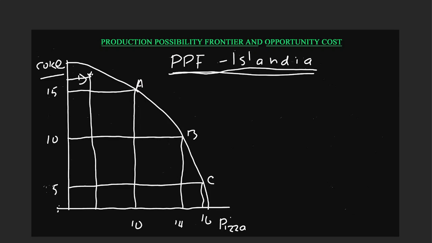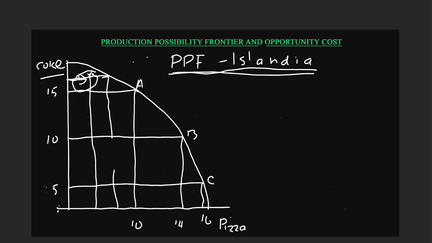If we were to extend this point to the curve, they can produce more Coca-Cola right here without having to give up any unit of Coke. That means that point D, which is inside the PPF, is inefficient. Some resources are not being utilized. The country is underutilizing its resources because they can get more pizza without having to give up more Coke. So we say that point D is an inefficient point.